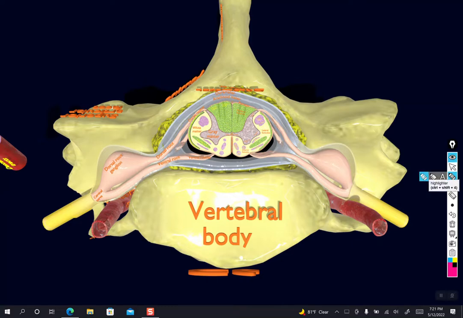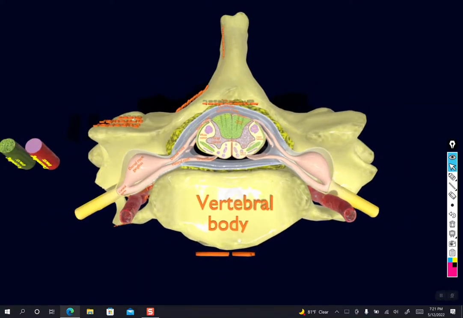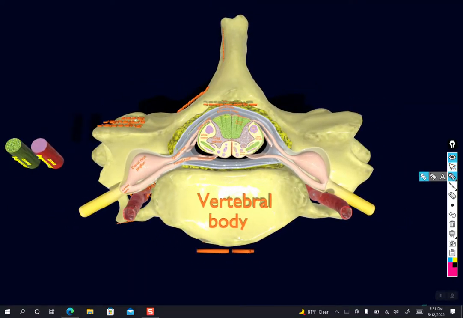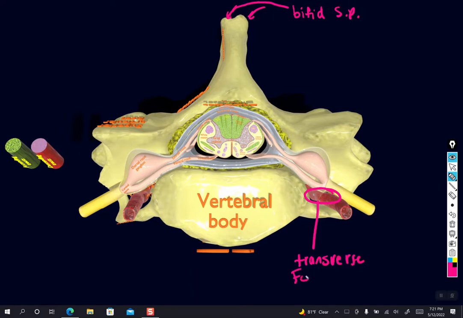Very obviously, this is a cervical vertebra, so I can tell because the spinous process is bifid, and I can also see here is the transverse foramen, and inside of it we've got the vertebral artery.